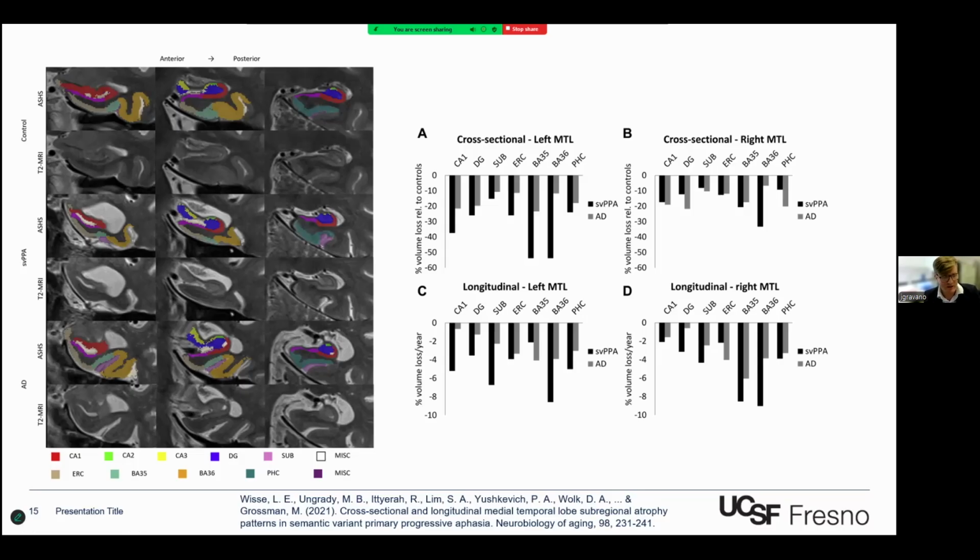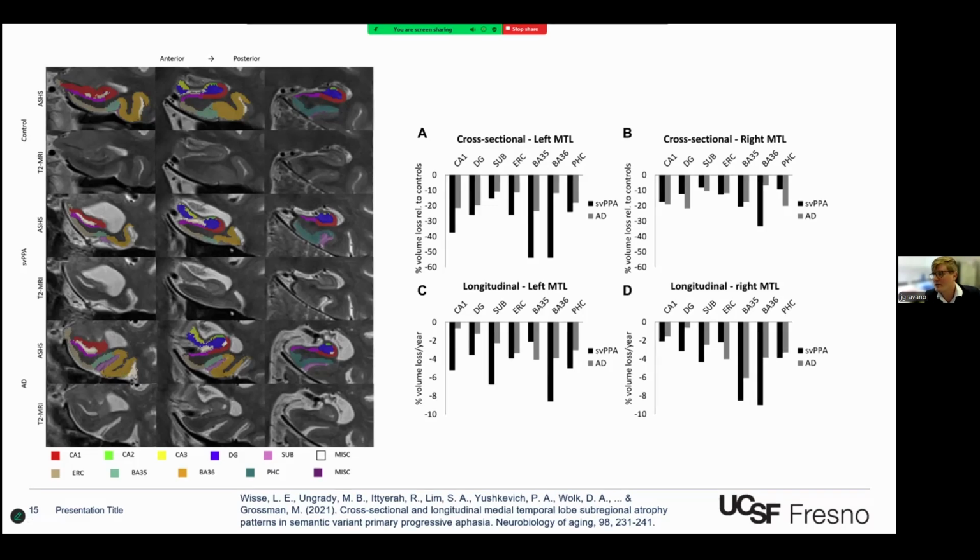So if you're looking here in the subdivisions of the perirhinal areas, Brodmann areas 36 and 35, these are the areas that seem to be perhaps more atrophic in typical semantic variant, versus the canonical presentation of amnestic Alzheimer's-like change.